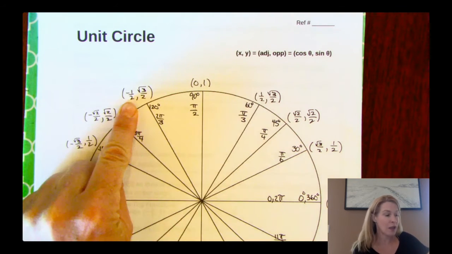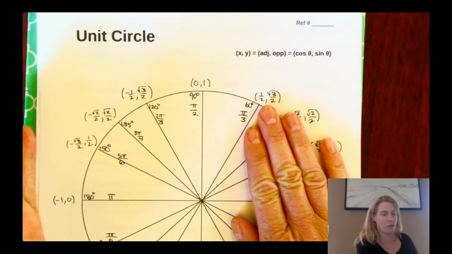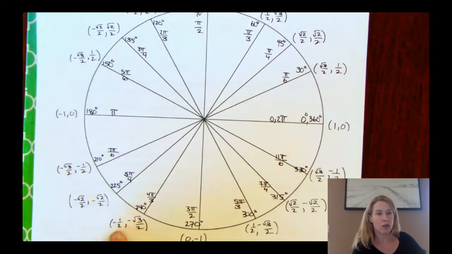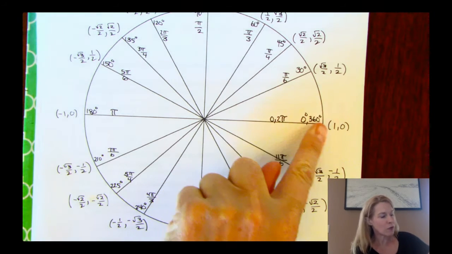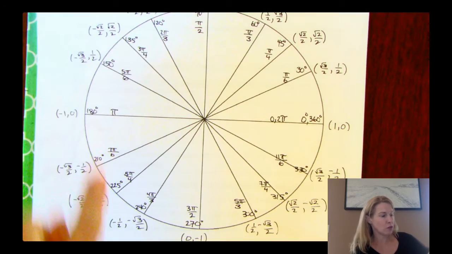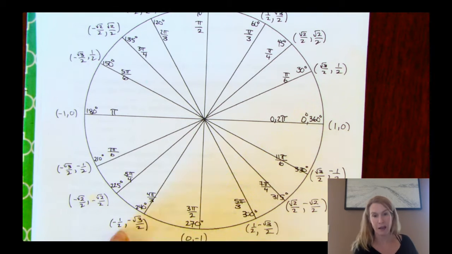Oh, here we go, at 2 pi over 3. Right? It's always going to be over here in the negative x values. And if we go a little further around the circle, we find we also have cosine of -1/2 at 4 pi over 3. So between 0 and 2 pi, those are the 2 positive solutions, 2 pi over 3 and 4 pi over 3. Both give me a cosine of -1/2.